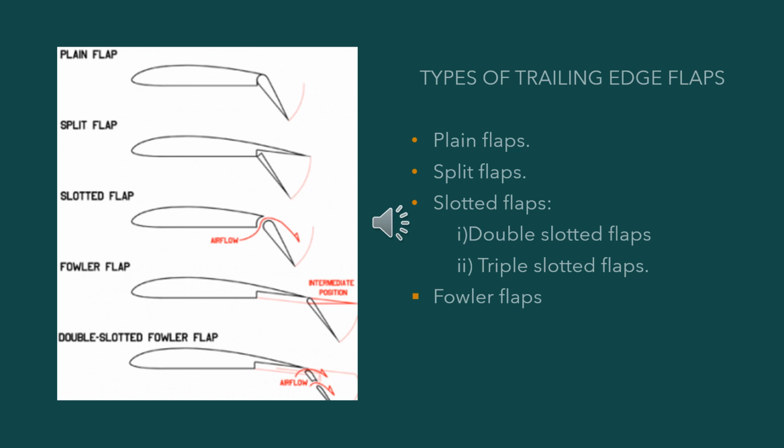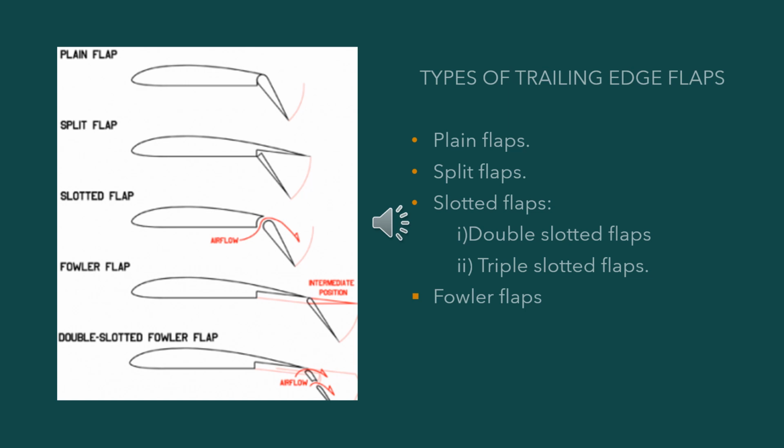By opening a slot between the wing and flap, high pressure air from the bottom of the wing flows through the slot into the upper surface. This adds energy to the wing's boundary layer, delays airflow separation, and produces less drag. So the result is that it produces a lot of additional lift without the excessive drag.